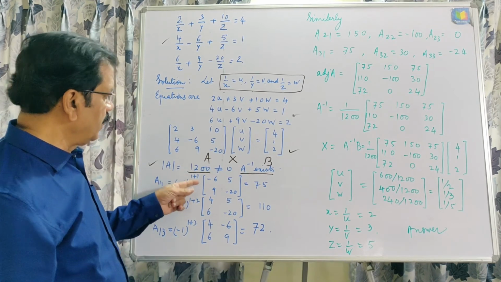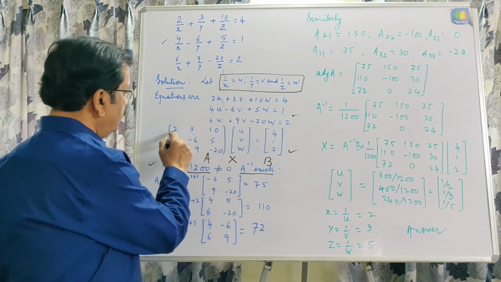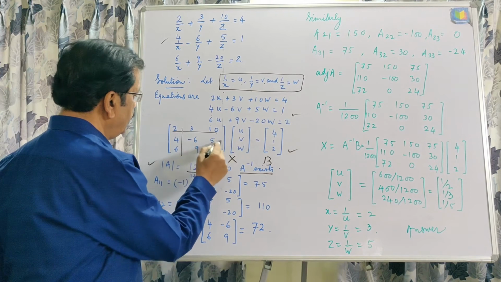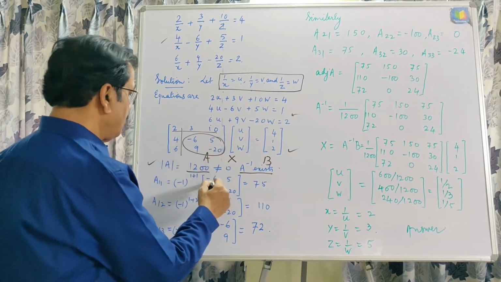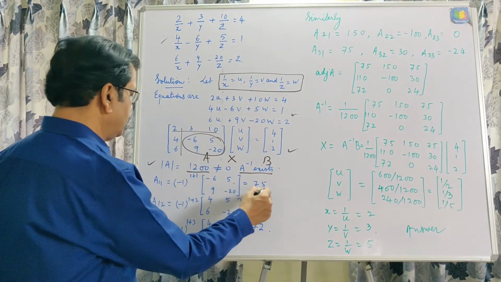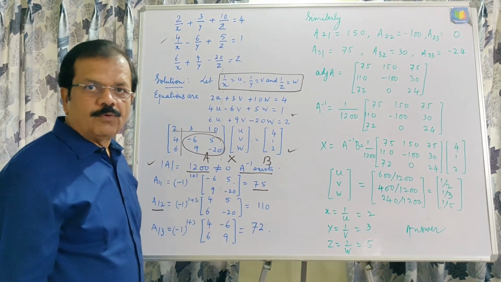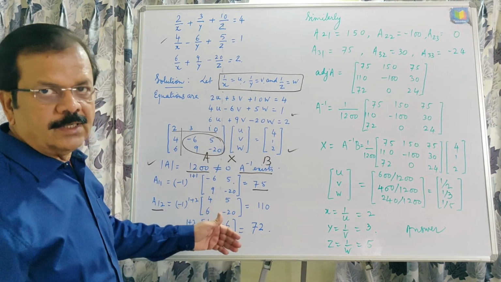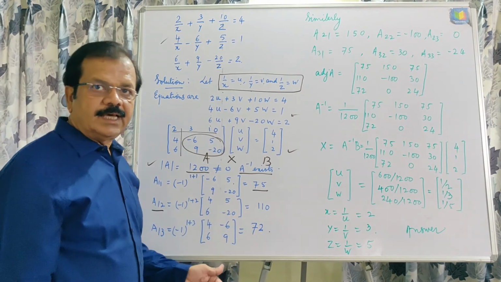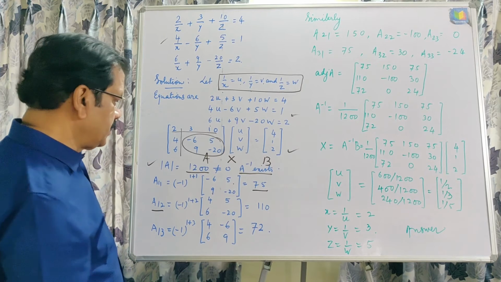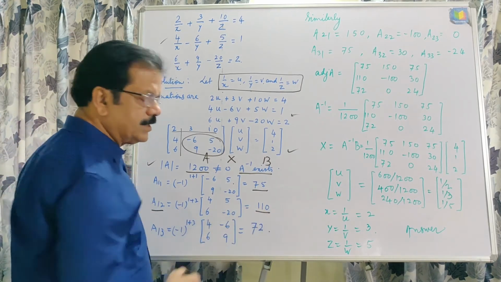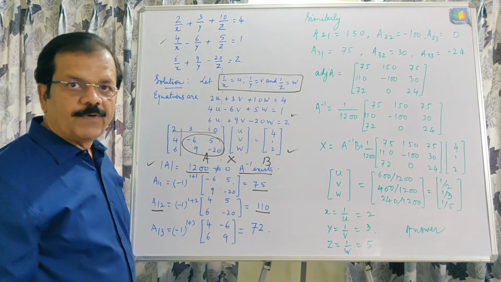And I have written here 3 cofactors, and you can write on your own. Here for the first, minus 1 to the power 1 plus 1, and then this will be cancelled and determinant will be like this, minus 6, 5, 9, minus 20, this is 75. In the same way, you should also write the cofactors in this way for all. Okay, and this way there will be less possibilities of making mistakes, because the students are making mistakes in finding cofactors.